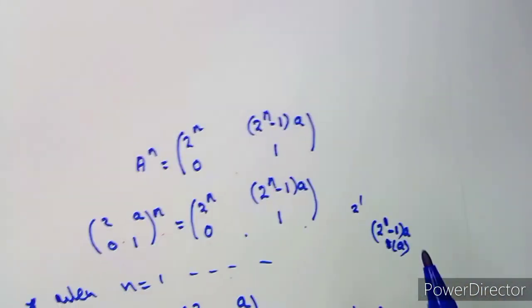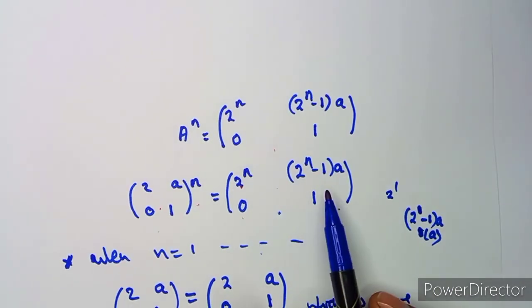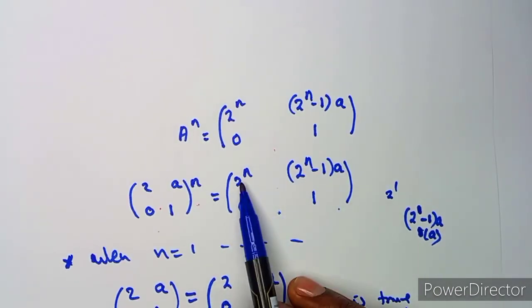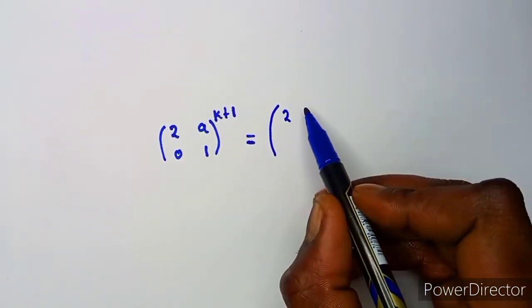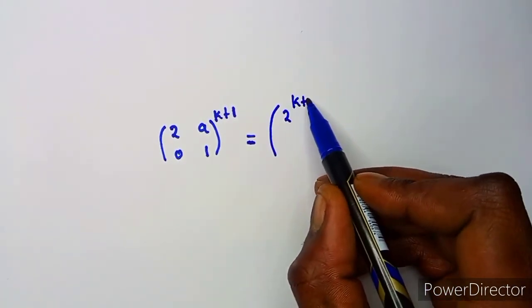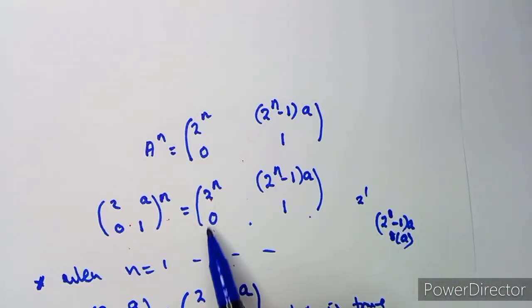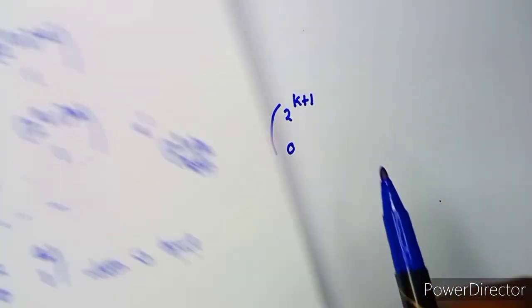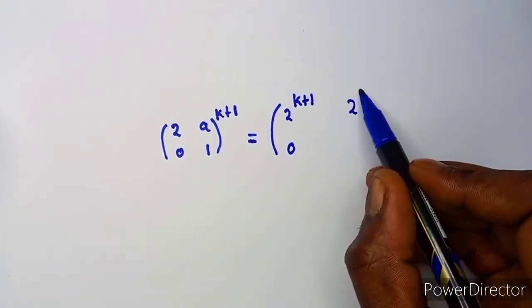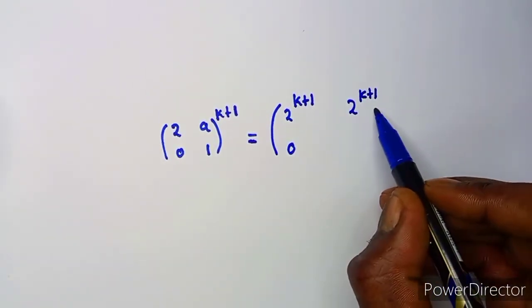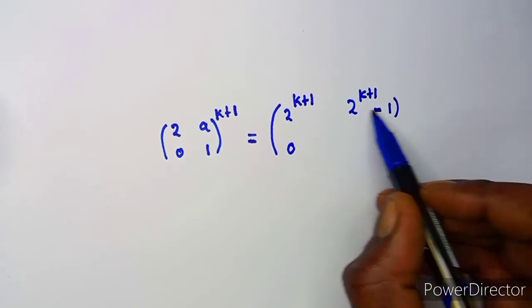All right, so this is what you're going to do. This side you're going to substitute as it is, guys. 2 to the exponent of, in place of n, that is k plus 1, like that. And this one is a 0 here. This one, if you have to substitute, is going to be 2 to the exponent of k plus 1, like this, minus 1 in a bracket.